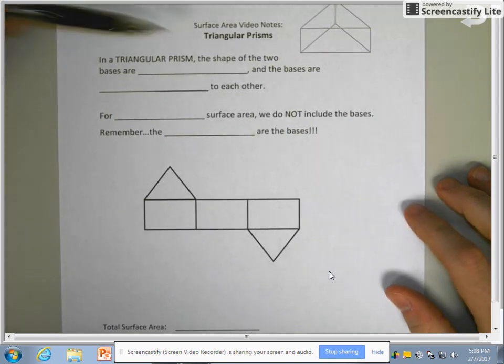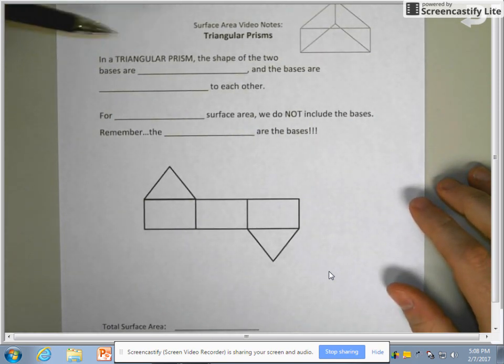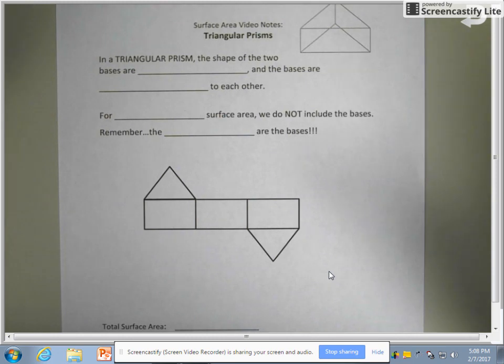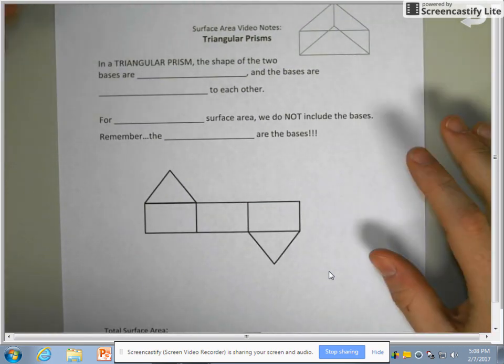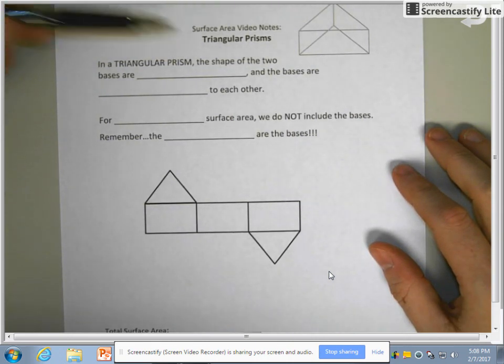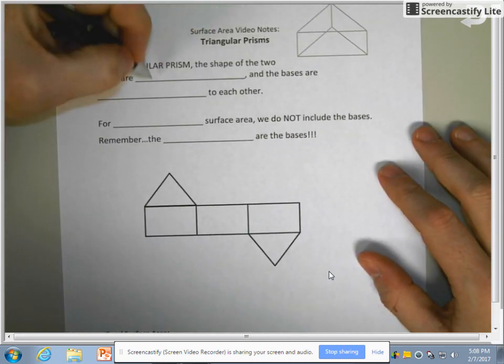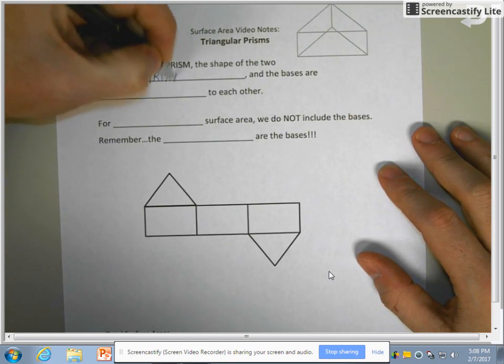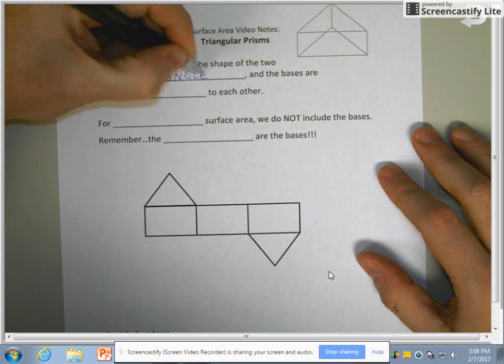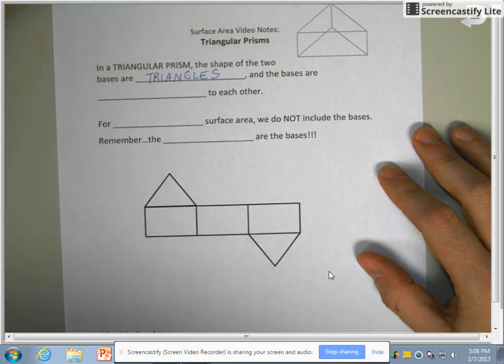So for a triangular prism, the shape of the two bases, and this is so important for us to hang on to, we got to know this. In a triangular prism, the shape of the two bases are triangles, and you're going to want to make sure you remember that. The shape of the two bases are the triangles.